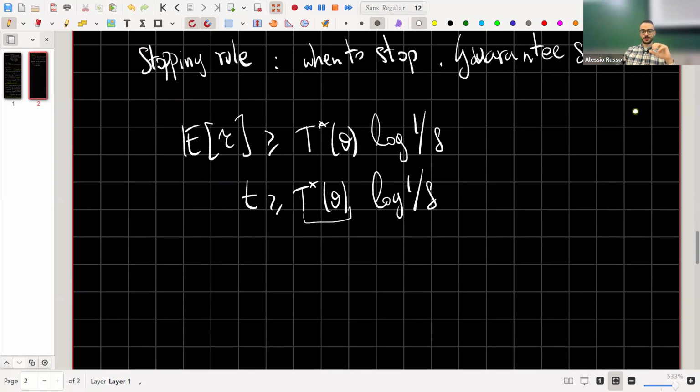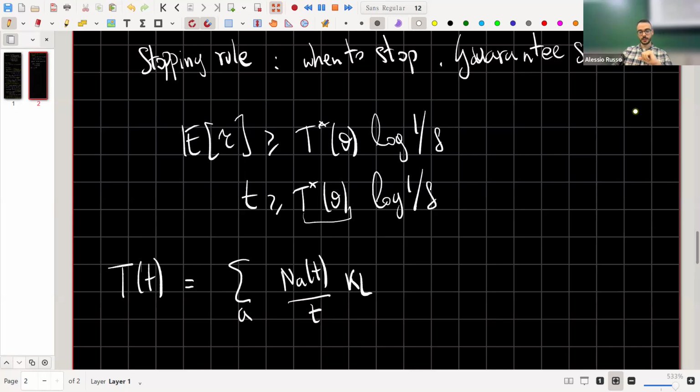The idea is that somehow we need to account for the fact that we are estimating the model and that we are converging to the true model. We can maybe replace T star theta with some empirical version. And the idea is we can define the empirical version of the characteristic time as the sum over the actions of N_a(t) divided by t times the KL.